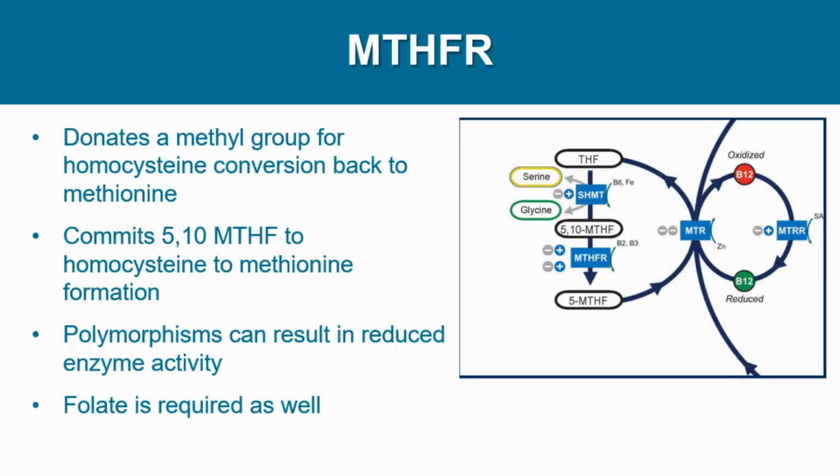MTHFR donates a methyl group for homocysteine conversion back to methionine. It commits the 5,10-MTHF to homocysteine to methionine formation, as you see here, and polymorphisms can result in reduced enzyme activity, so folate is also required.